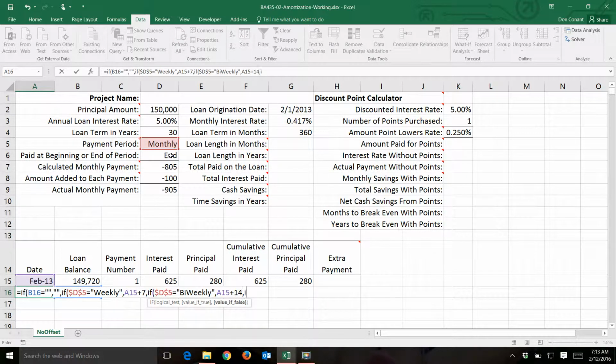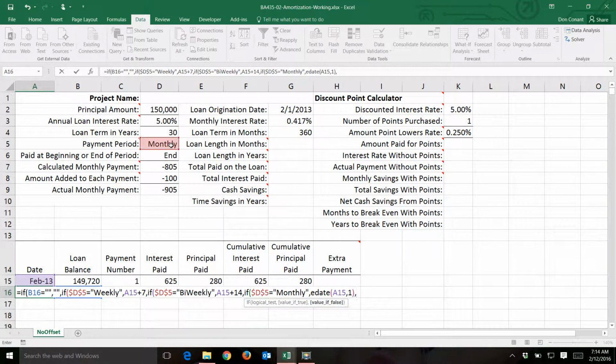If it doesn't, then we'll take an IF statement again, and we'll look up here to the value in D5, make that absolute, and see if it equals monthly. If it equals monthly, then we'll use EDATE, look at the previous date, and increase it by 1 month.